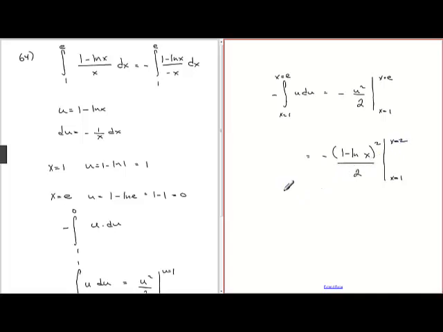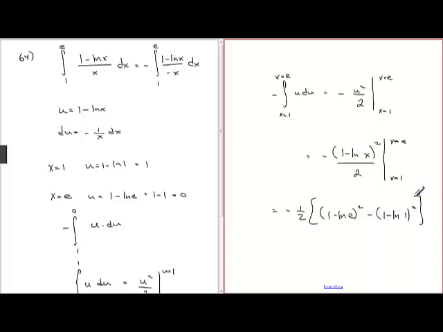So let's put a minus 1/2 out in front. And so the upper limit would be 1 minus the natural log of e, quantity squared, and then we'd subtract off the lower limit, 1 minus the natural log of 1, quantity squared.